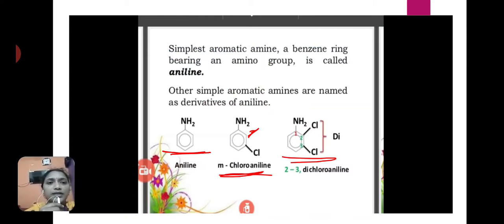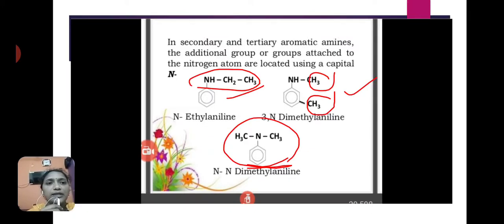And here is the nomenclature of aromatic amines. Example is aniline. If the aniline has another substituent, then we can write, for example, meta-chloroaniline or 2,3-dichloroaniline. Also, if secondary or tertiary aromatic amines are present, we can write N-ethylaniline.